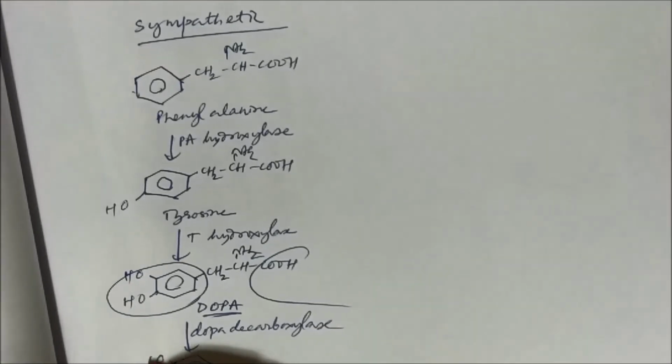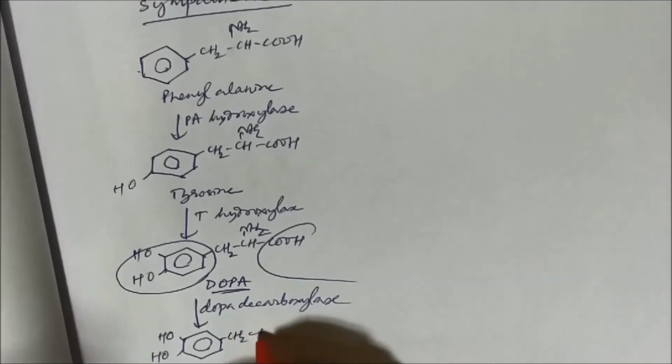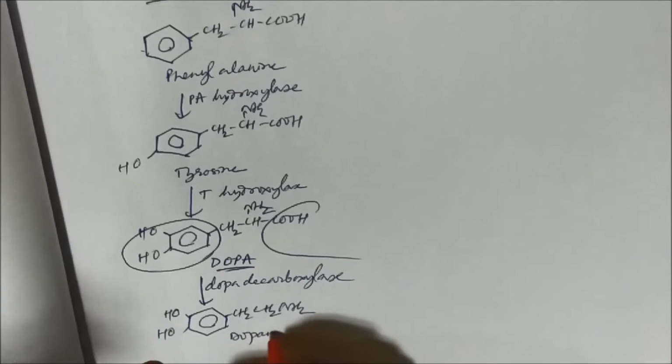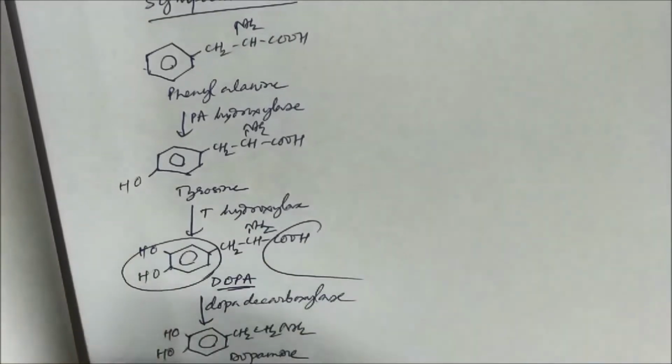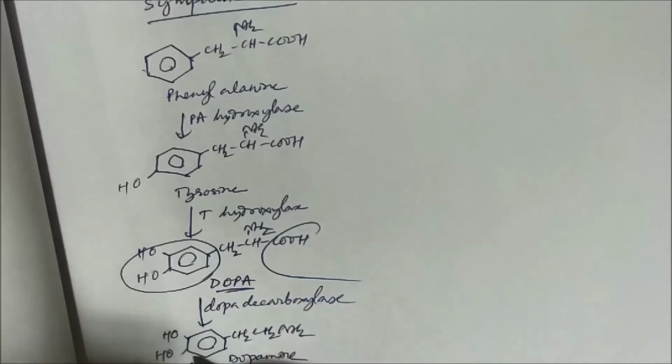DOPA decarboxylase will decarboxylate this carboxylic acid, so it will become OH, CH2, NH2. This is called dopamine. Okay, and in dopamine a catechol nucleus is there and amine is there, so it is a catecholamine.